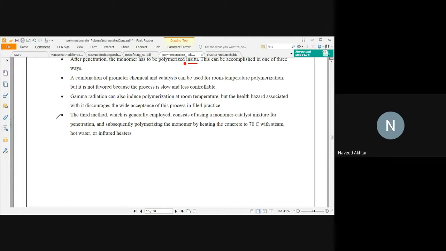The third method, which can apply for polymer impregnated concrete and is generally employed, consists of using a monomer catalyst mixture for penetration and subsequently polymerizing the monomer by heating the concrete at 70 degrees Celsius with steam, hot water, and infrared heaters.